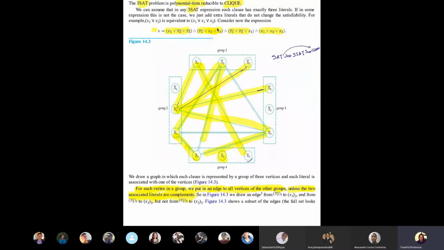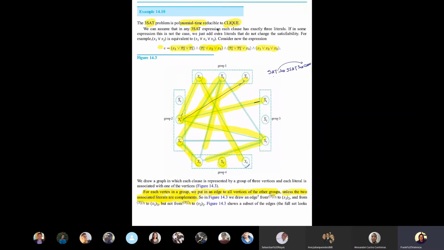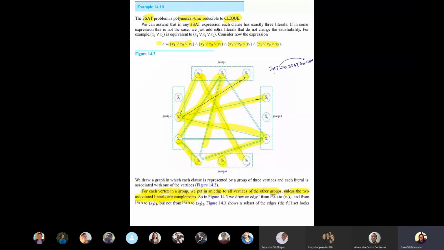Remember the idea is to be able to, I'll explain why you can connect these two. For example, you want these two, right?